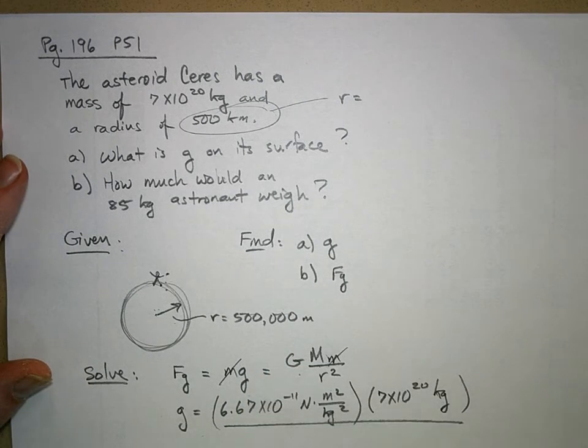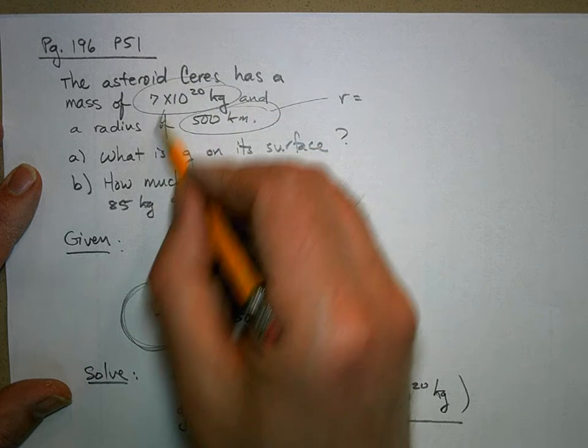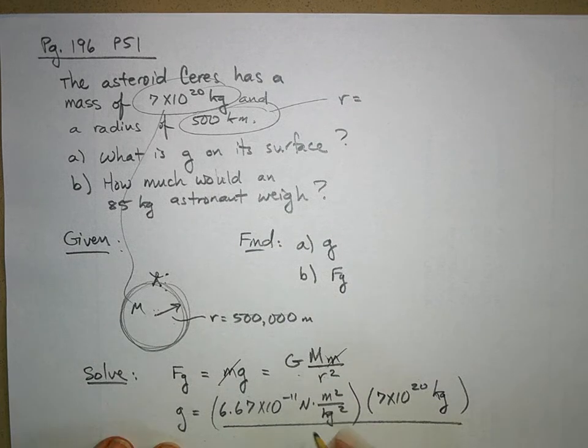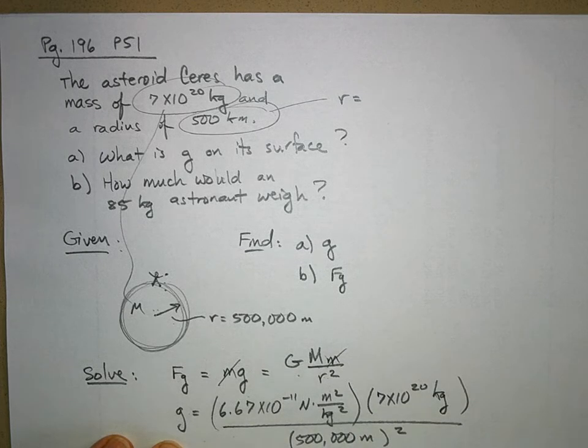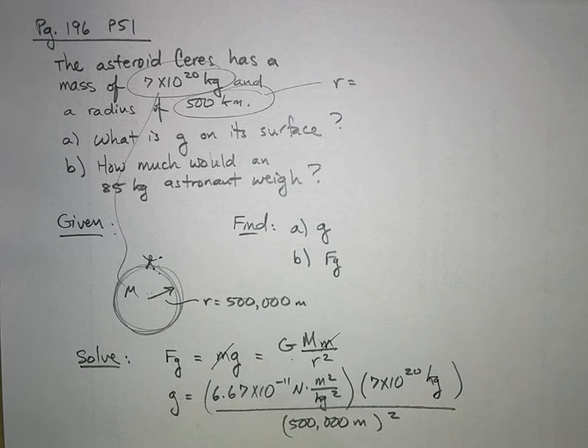You have to put it in meters. Okay, and then I didn't put the mass in what's given. So, hey, there's your mass right there. And then we have to square that. So we're going to take 500,000 meters, and we're going to square it. And then you got to plug all that into a calculator.